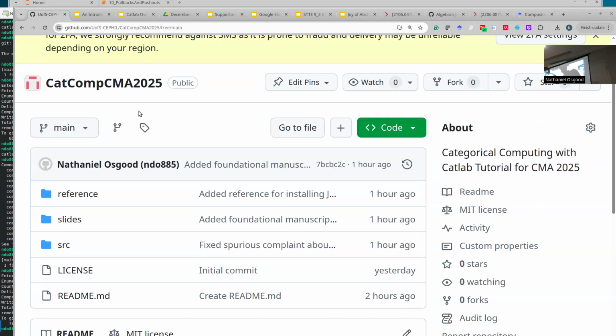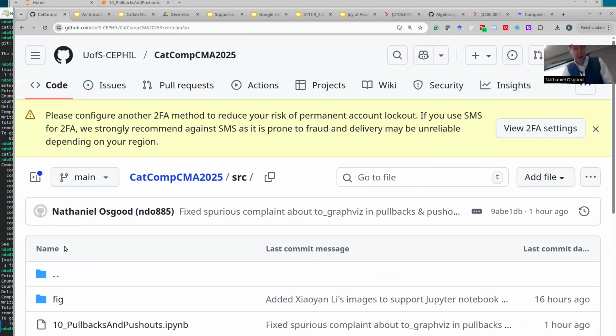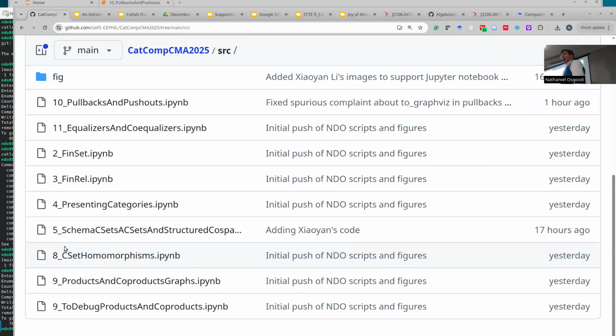One of the areas within this is the source area, and that has a set of scripts. We will be covering each of these, but there'll be sections for many of them that we don't have time to explore together, which are there for your further exploration in a structured way, in a documented way.